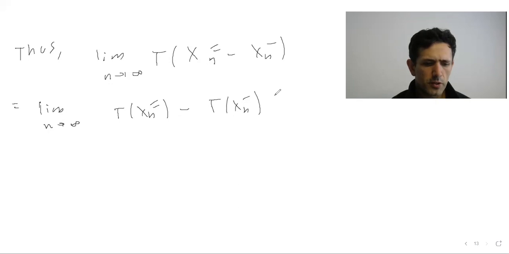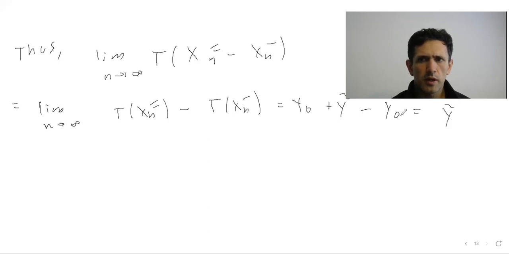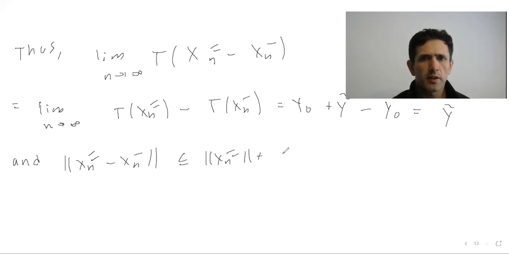This is going to converge to y0 plus y tilde minus y0, which equals y tilde. And notice that if you take the norm here, this is less than or equal to the norm of xn second prime plus the norm of xn prime.